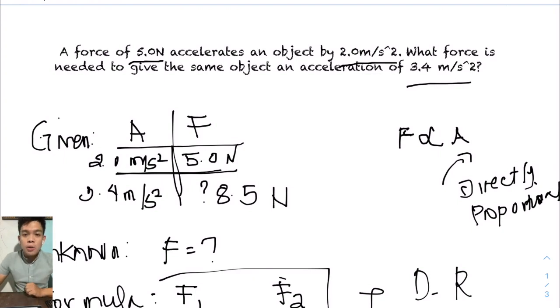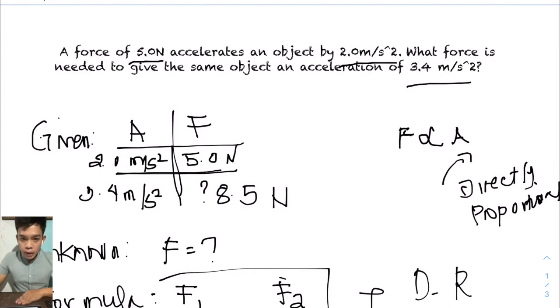That's how we solve a problem that involves the law of acceleration, particularly the variables of acceleration and the force on an object. Again, the acceleration of an object is directly proportional to the force on the object.